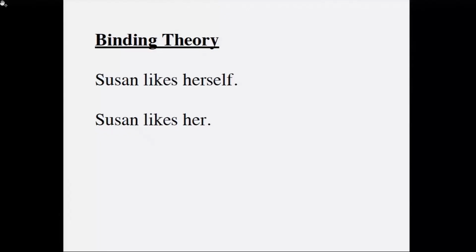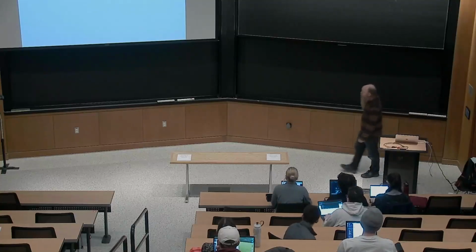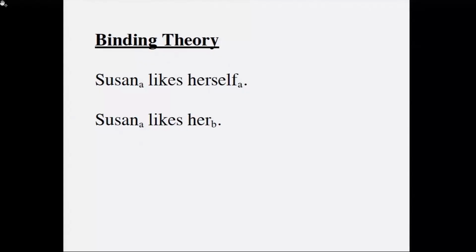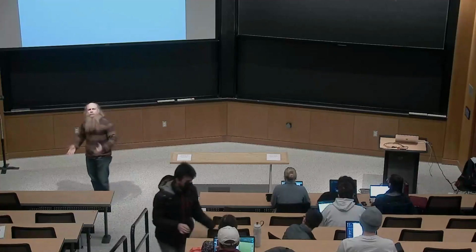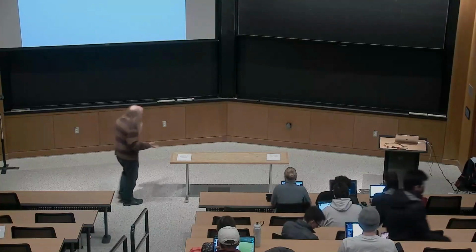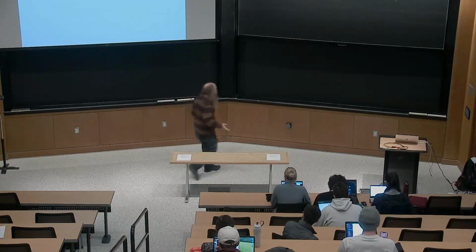Binding theory is the theory that's meant to handle facts like the facts on this slide, namely that these are both grammatical sentences, but they mean different things. The first one, Susan likes herself, you could paraphrase as Susan likes Susan. So herself has to refer to Susan. And possibly relatedly, Susan likes her.